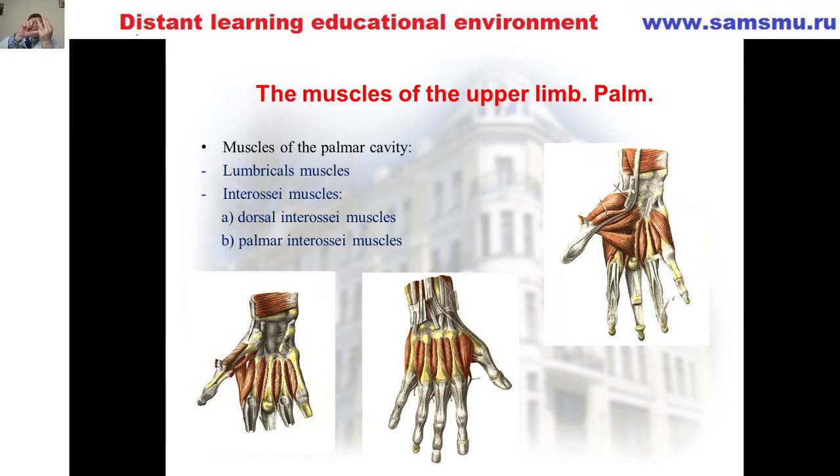One of them abducts the ring finger from the middle. Next, one abducts the index finger from the middle, and two muscles which attach to the radial and ulnar surfaces of the proximal phalanx move the middle finger toward the ring finger and toward the index finger.